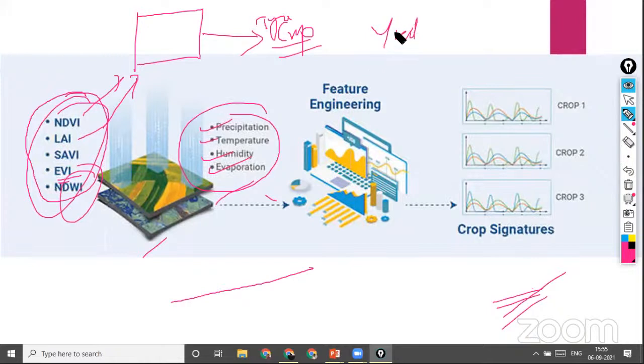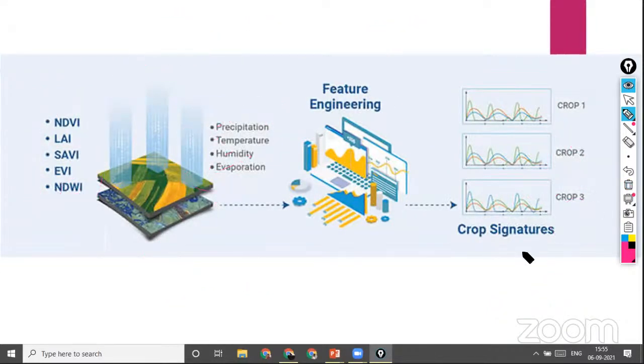You can also do some further feature engineering, like taking the NDVI ratio and going for different crop signatures. When you look at these figures, you can see that each crop has different signatures. These are the extracted features from the remote sensing data.